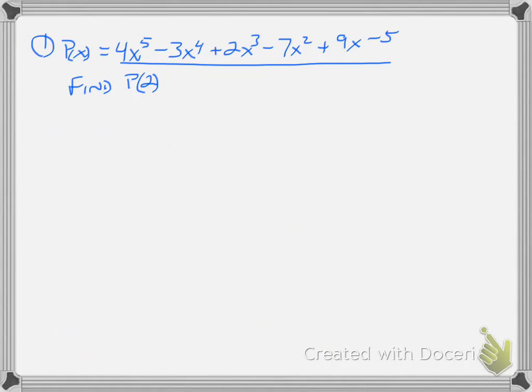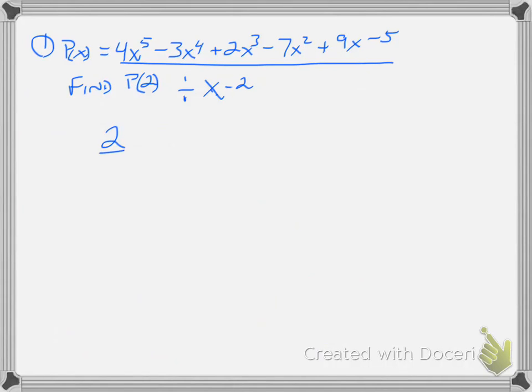So this is my polynomial that I'm going to be dividing into, and I'm going to be dividing it by x minus a, which in this case is x minus 2, which means I have 2 up here.